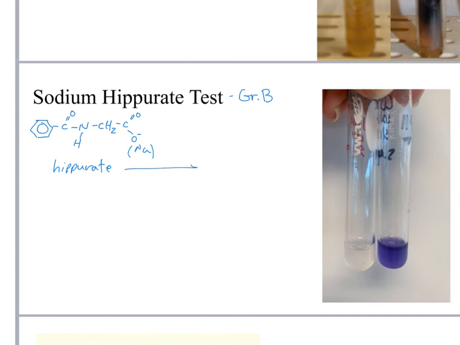But our group B streps can make the enzyme hippuricase, which cleaves the hippurate right here. Okay, so what that gives us is a molecule that looks like this.